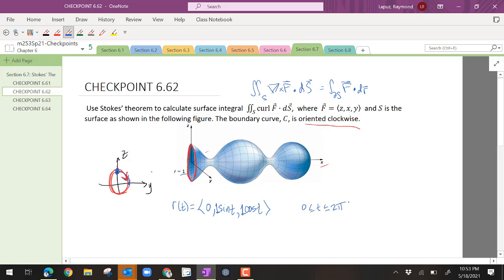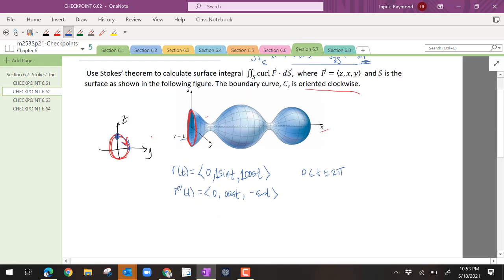We will need to find its derivative to help us do the line integral. So we need r prime of t, and that's still going to be 0. Derivative of sine is cosine. Derivative of cosine is negative sine. And that is your derivative. To get ready for the line integral, we want the vector field evaluated at the parameterization.